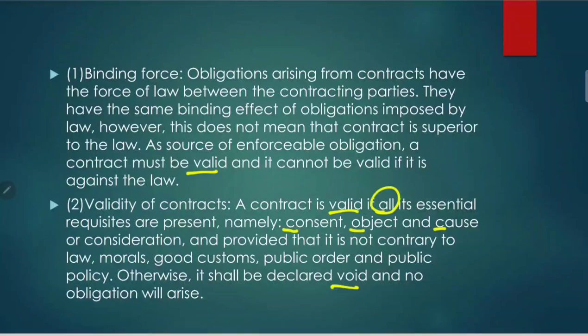While sa ating essential requisites ng obligation, meron tayong passive subject, active subject, juridical tie, and object or prestation. So, pagdating sa contract, may limitation tayo na it cannot be contrary to law, it cannot be contrary to morals, to good customs, public order, and public policy for it to be valid.